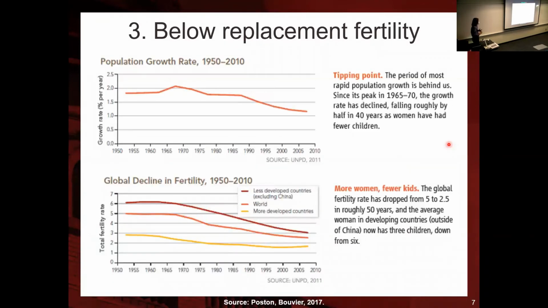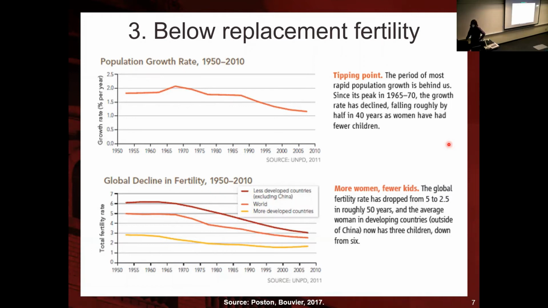The third topic, decline in fertility. So a lot of countries are reaching women having less than 2.1 children on average. And that is really associated with the level of population growth.